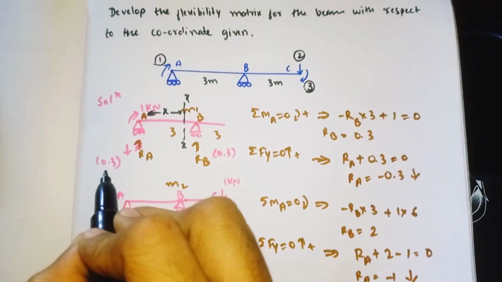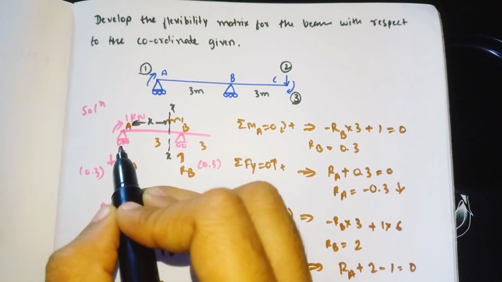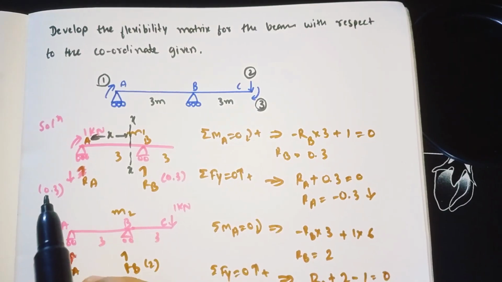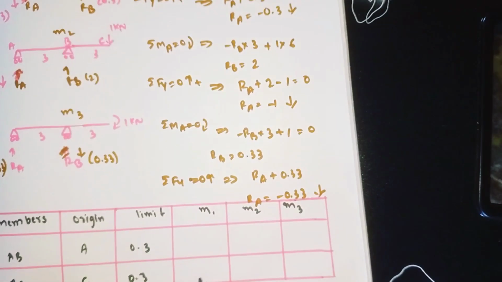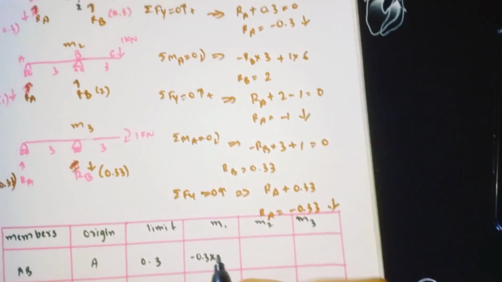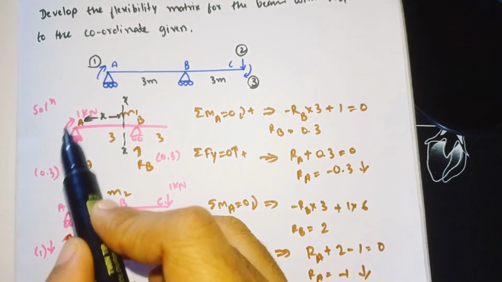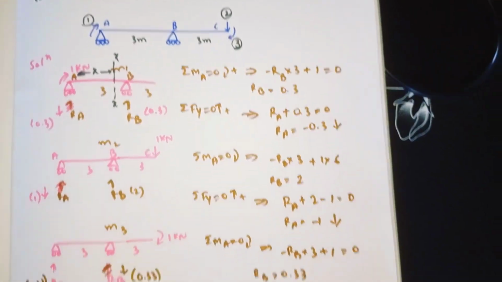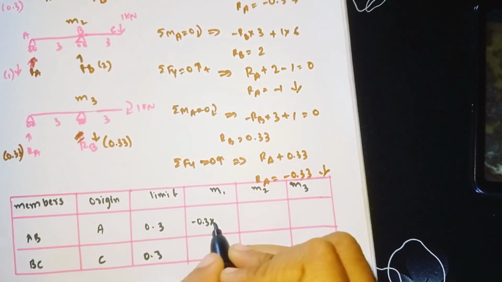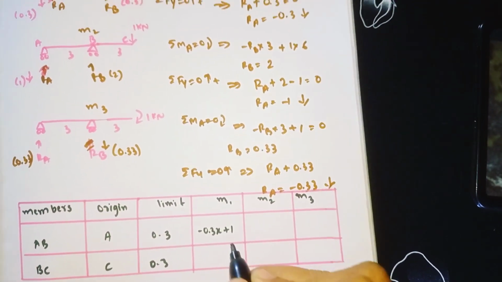Here the intensity is 0.3, it is moving downward, so minus 0.3 into the distance X. So our M1 is minus 0.3 into X. Here one more load is acting, that is the unit load of 1 kilonewton. It is acting above the section. Above the section we need to take the positive, so plus 1.